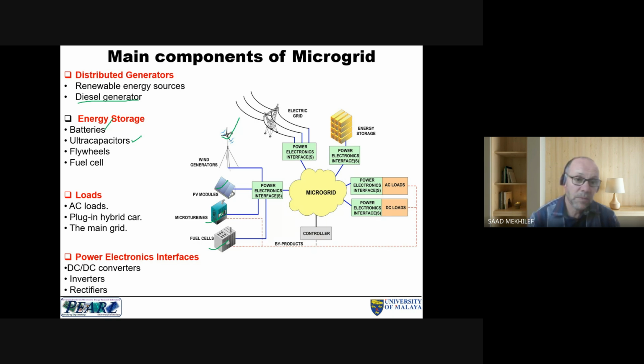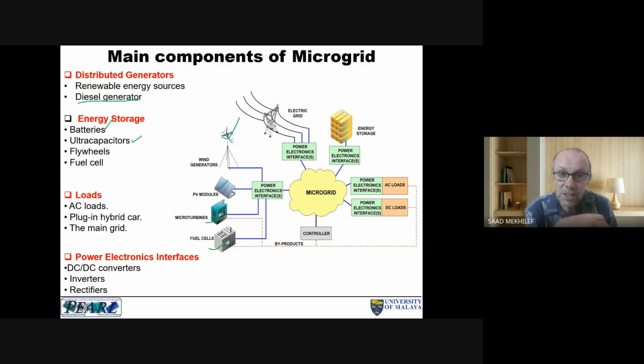One of the applications of ultra capacitors is, for example, electric vehicles, especially Formula One racing cars. Electric cars use a lot of ultra capacitors because they are very fast. They can give the amount of energy very fast.